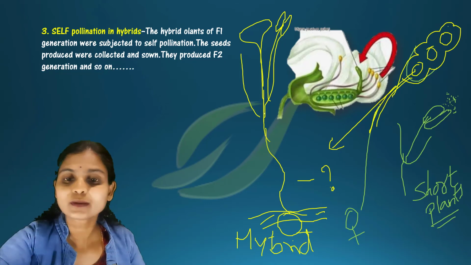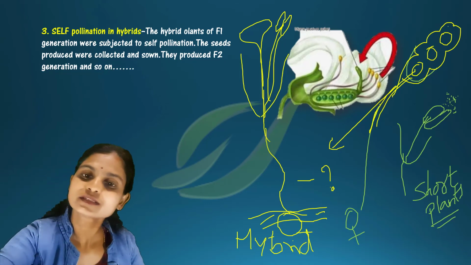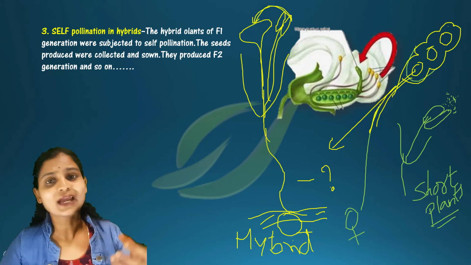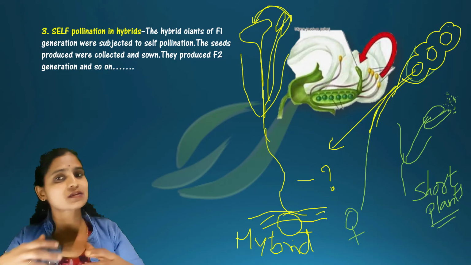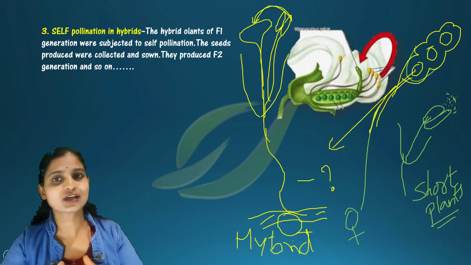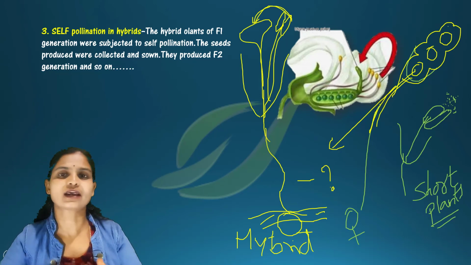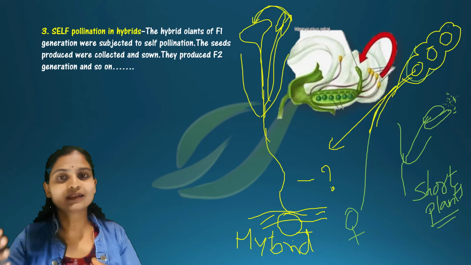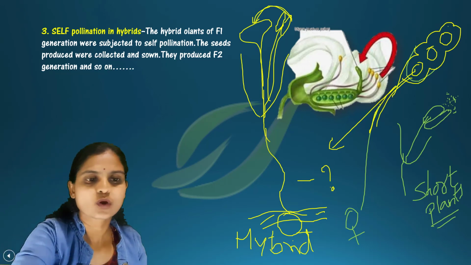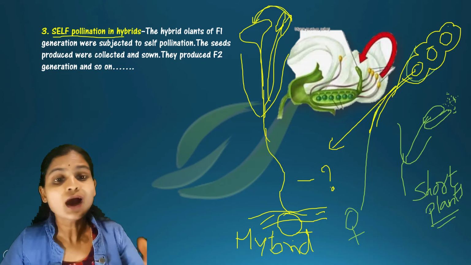For this hybrid plant, he started doing self-pollination to get certain results. I think you have understood why he did self-pollination, and you will understand even more when we do the other examples. This is called self-pollination in hybrids.